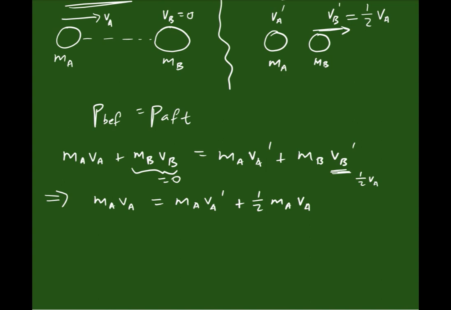We don't know what VA is, and we don't know what VA prime is. So two unknowns in one equation, so that's not going to help. We need a second equation. But before we get a second equation, let's make VA prime the subject of the formula. So we get MA VA prime is equal to a half MA VA, minus MA VA.